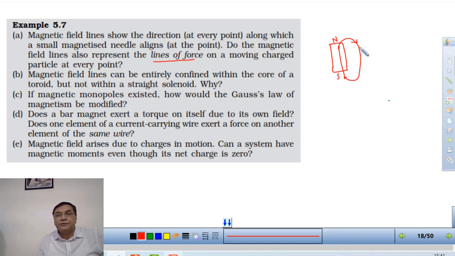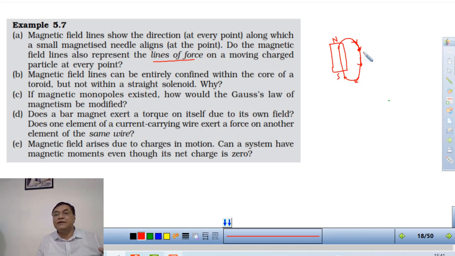If I put a magnetic needle, it always aligns in this direction. But if I put a charge here, the force on the charge is always perpendicular to the field line. So you cannot say it is a line of force.